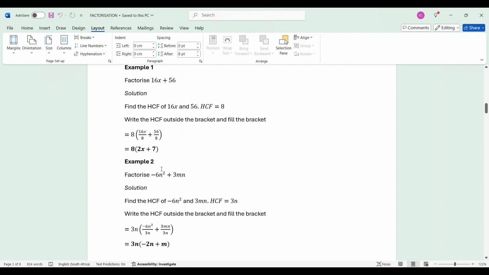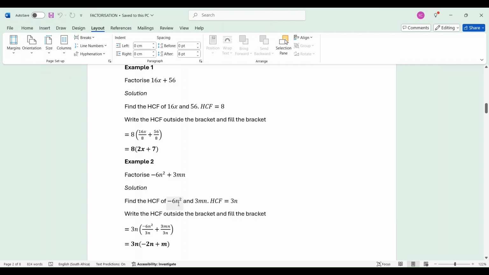Then if we check in our second example, we are given minus 6n squared plus 3mn. So we need the highest common factor of minus 6n squared and the positive 3mn. If we check the highest common factor of minus 6 and 3, it is 3.